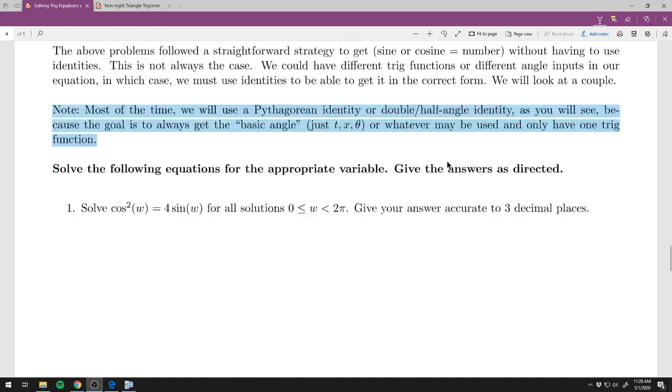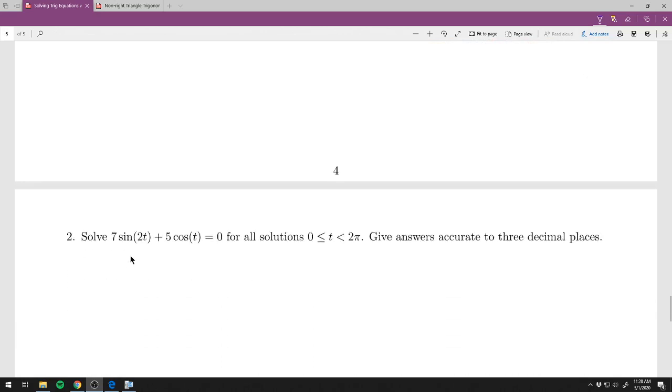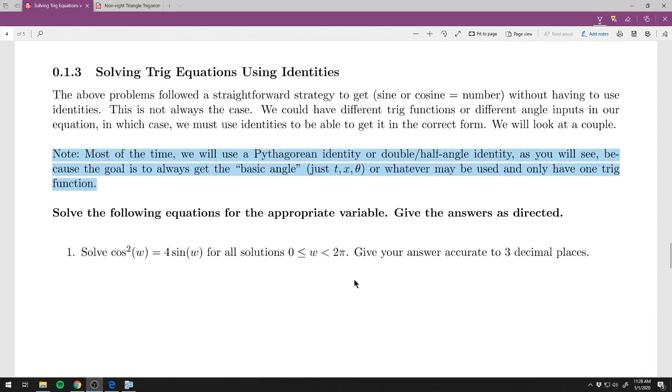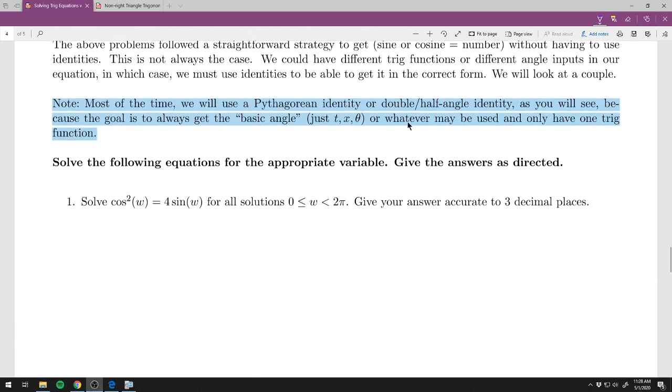But we also will see problems where the angle is different, meaning down here we have 2t and t. Whenever you solve a trig equation, you have to have all your angles the same, which is what the second item here says. And we have an identity for how to make the angle go from 2t to t or something like that.